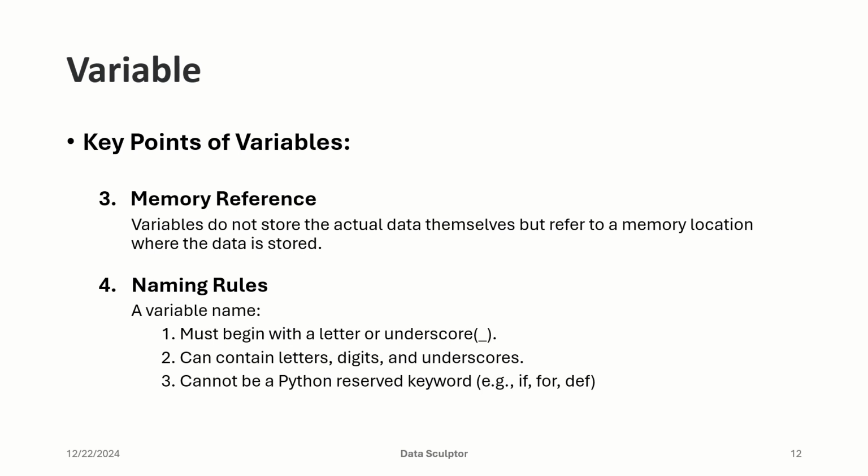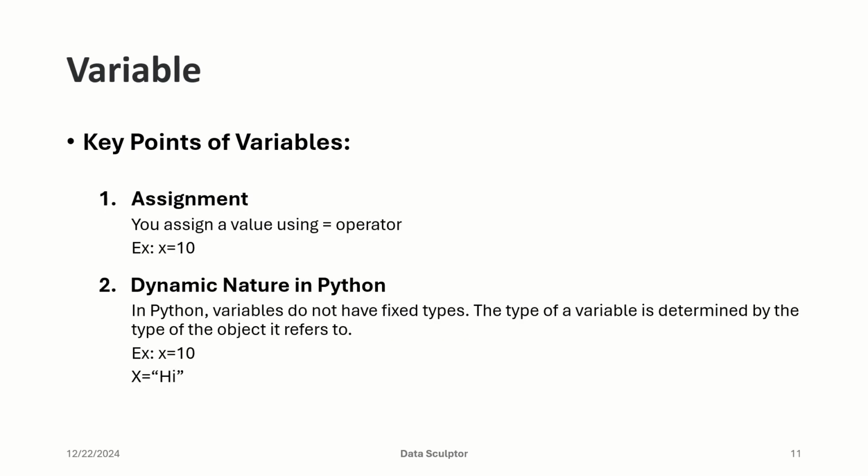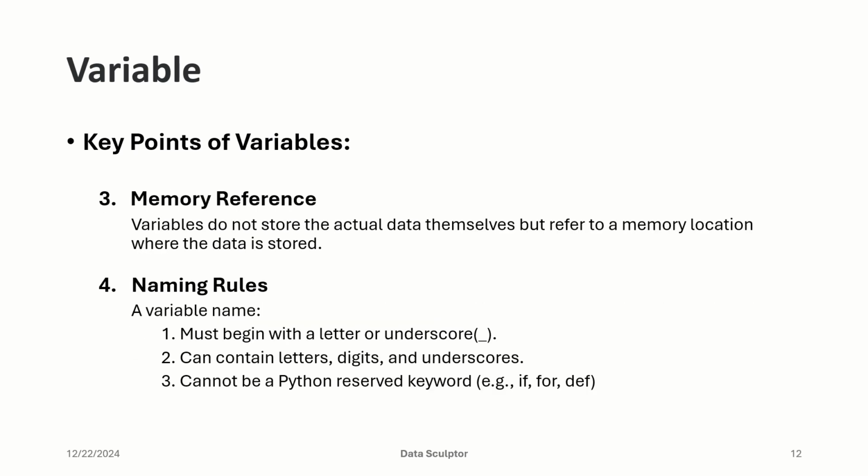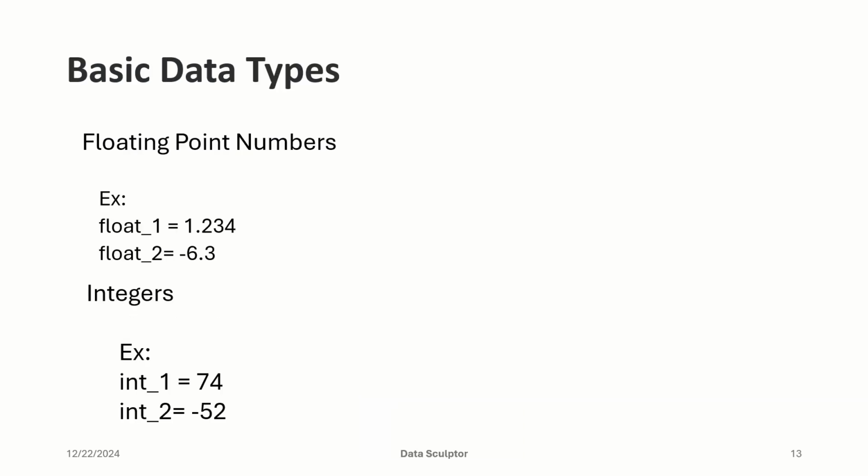It should start only with a letter or underscore, and you should not have spaces. It also cannot be a Python reserved keyword, for example if, for, def. If you name a variable if, the compiler gets confused whether to take it as a variable name or a keyword. So you cannot use a Python reserved keyword. That is basically a variable.